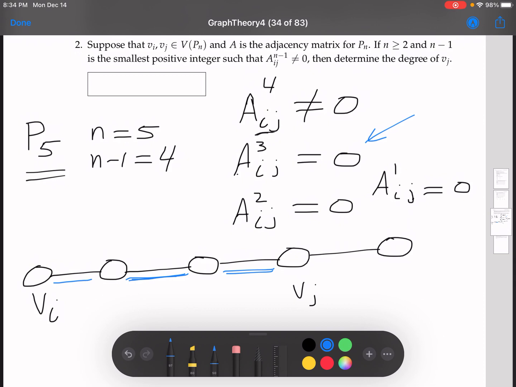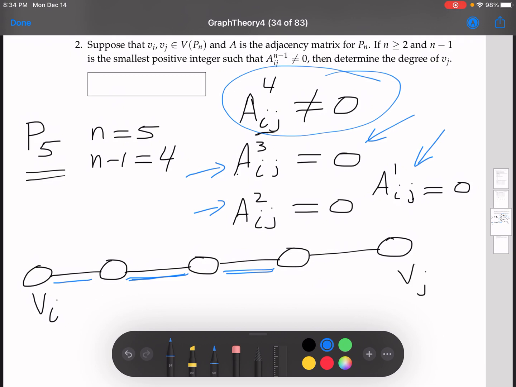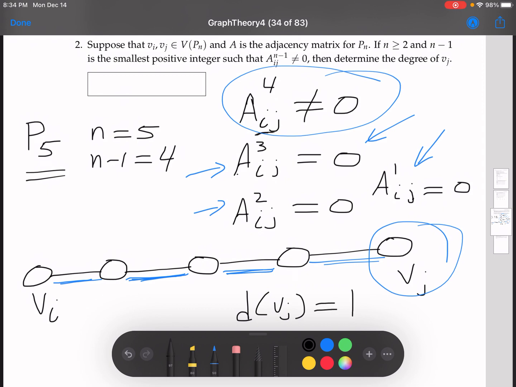So if all of these are 0, and this one is not, then it must be the case that we have vj there to get a 4 edge walk. And so that forces vj to be an endpoint, and so the degree of vj is 1.